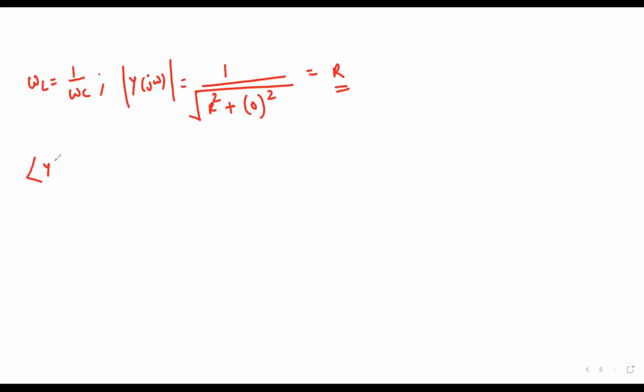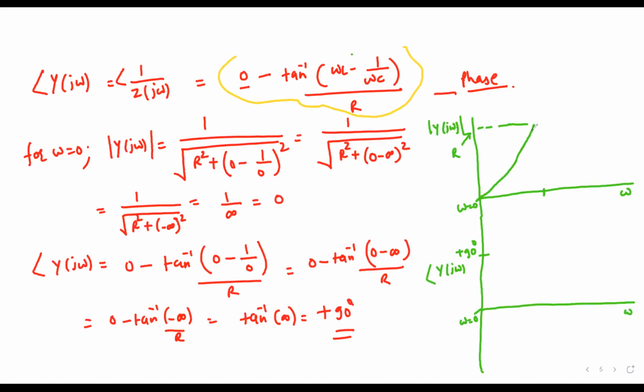The phase of Y of j omega would be 0 minus tangent inverse of 0 divided by R, and we see that the phase is 0. So we come back here to draw the plot somewhere here, and the phase is dropping to 0. So let's say here we have 0 degrees.